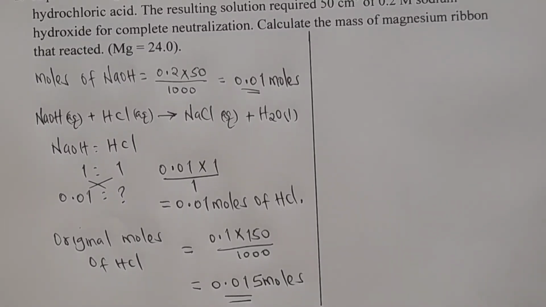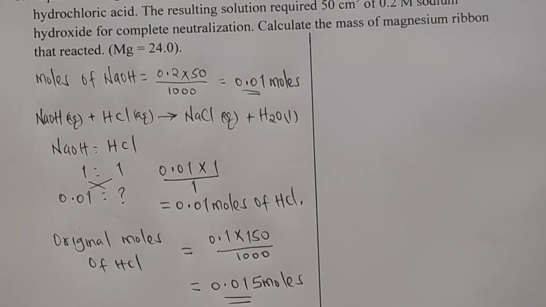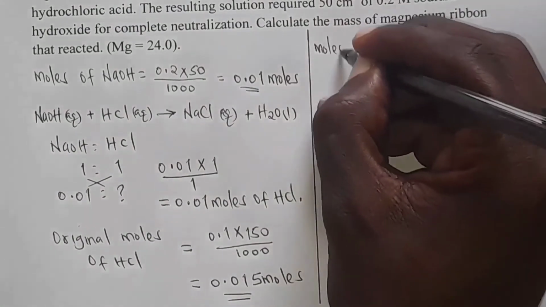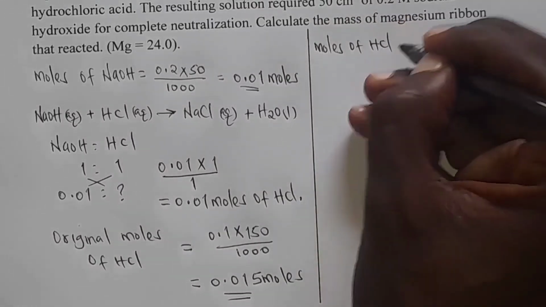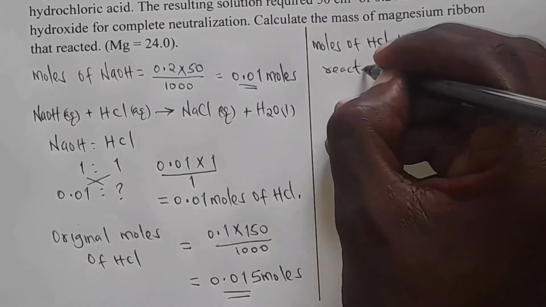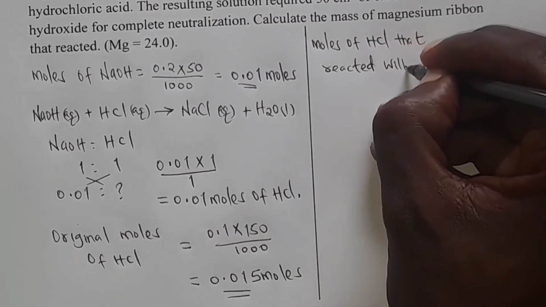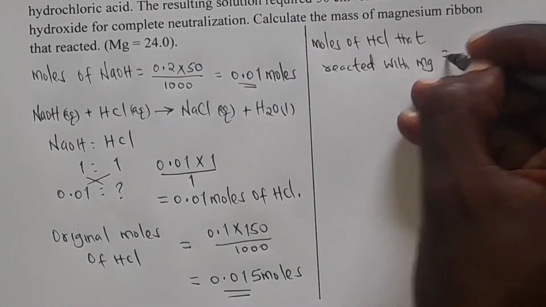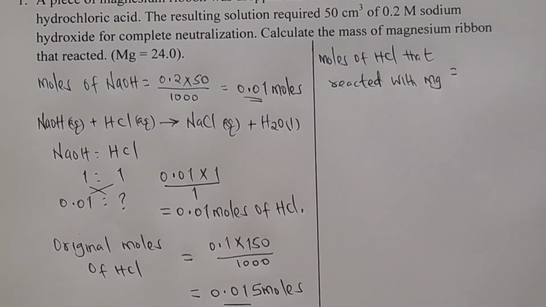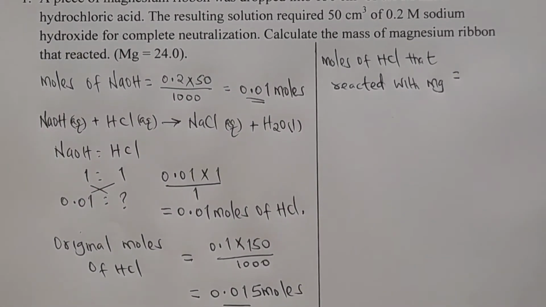Okay, next step, we have to get the number of moles of hydrochloric acid that reacted with the magnesium ribbon. We get this by taking the original moles of hydrochloric acid and subtracting the excess moles of hydrochloric acid.